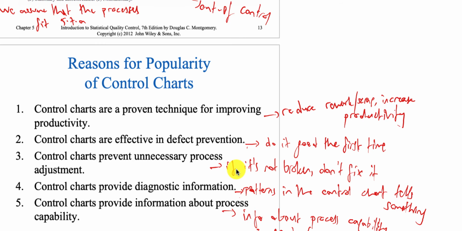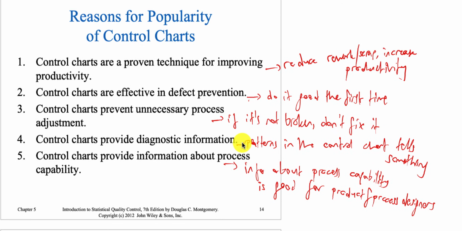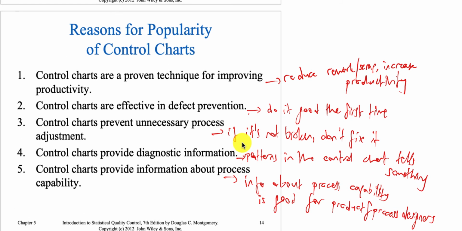Okay. Also, control charts provide diagnostic information for us, the patterns like that, so we can diagnose our problem, then we can solve it. Also, control charts provide information about the process capability. We can estimate the parameters, then we can formulate our process capability, and process capability is a very important metric. We are going to talk about process capability in next chapters, and it is very important for management.